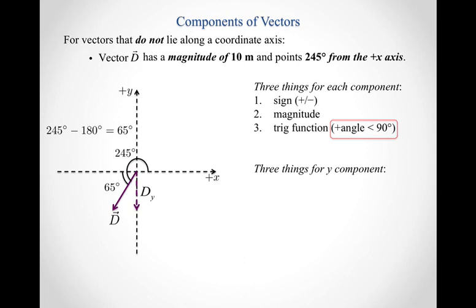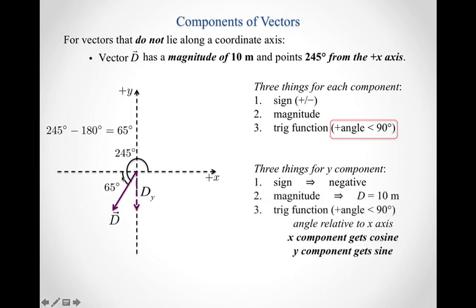Play the same game for the y component. Again, we said the vector points down, so that's going to be a negative y component. Magnitude still 10 meters. And again, because our 65-degree angle is defined relative to the x-axis, cosine 65 went with the x component, which means sine 65 needs to go with the y.